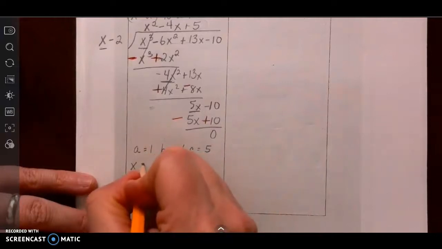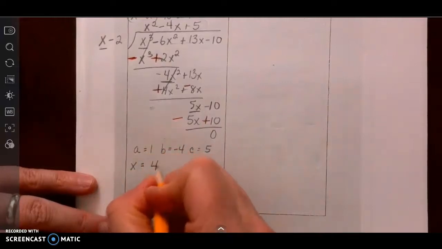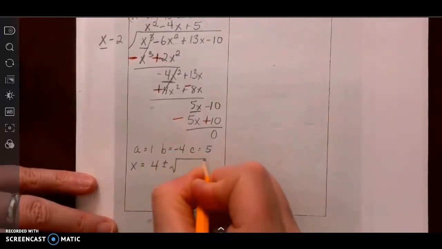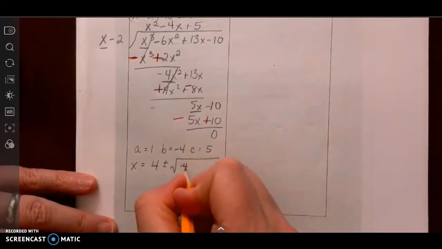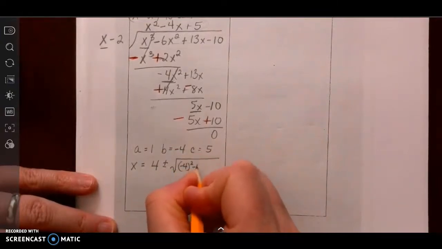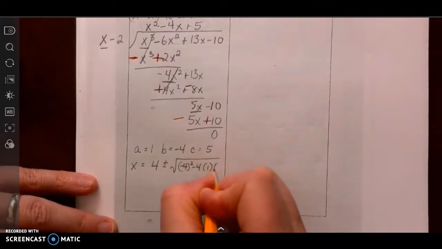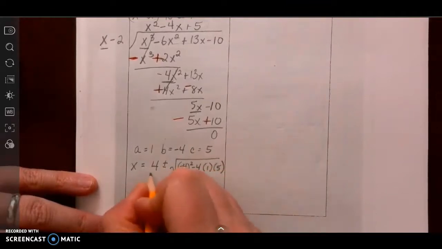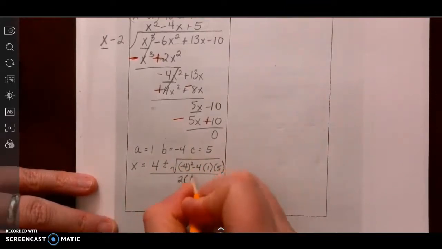So x equals the opposite of b, plus or minus the square root of b squared minus 4 times a times c, all over 2 times 1.